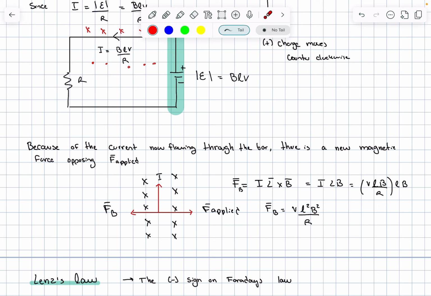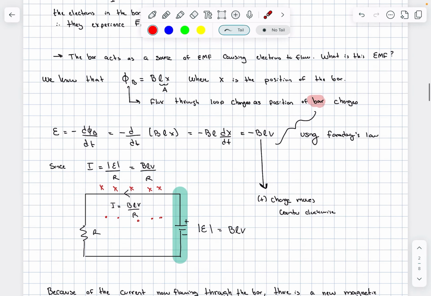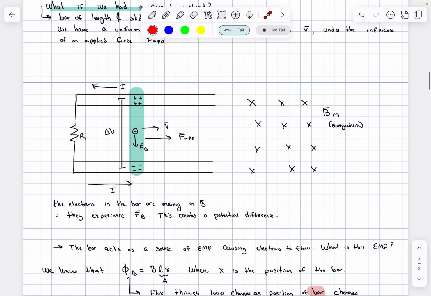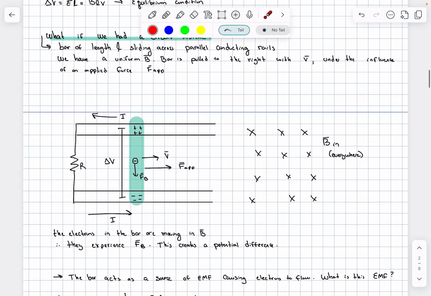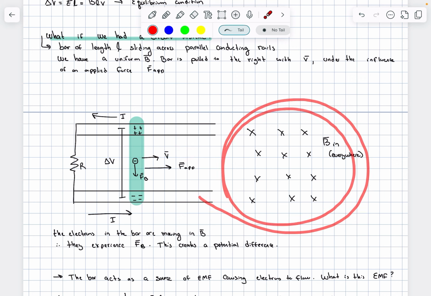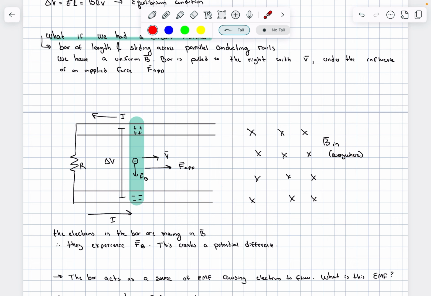This is all a little bit complicated because there's a lot of stuff going on, so I'm just going to recap briefly. Originally, we just have this conductor, right? The only thing we're making this conductor do is move, and it's moving to the right with a certain velocity. And it's moving inside of this magnetic field that is everywhere. Because of this motion in the magnetic field, our negative charges pile up here, positive charges pile up here.